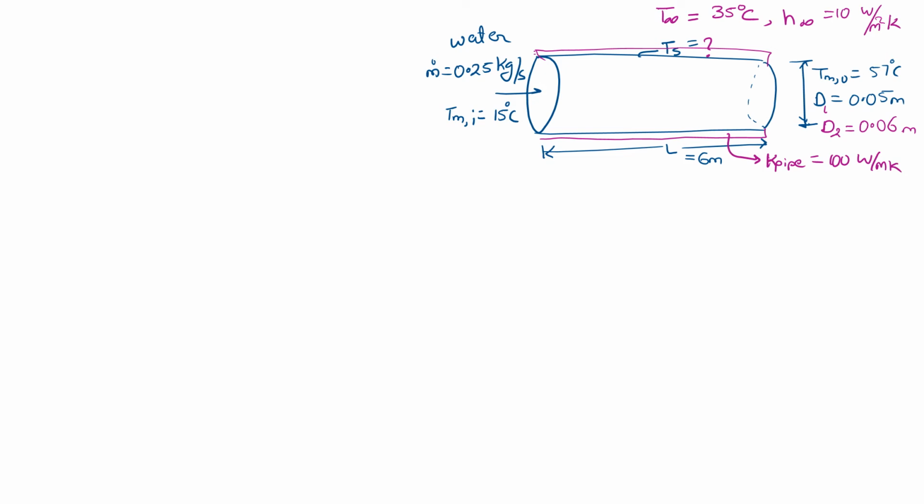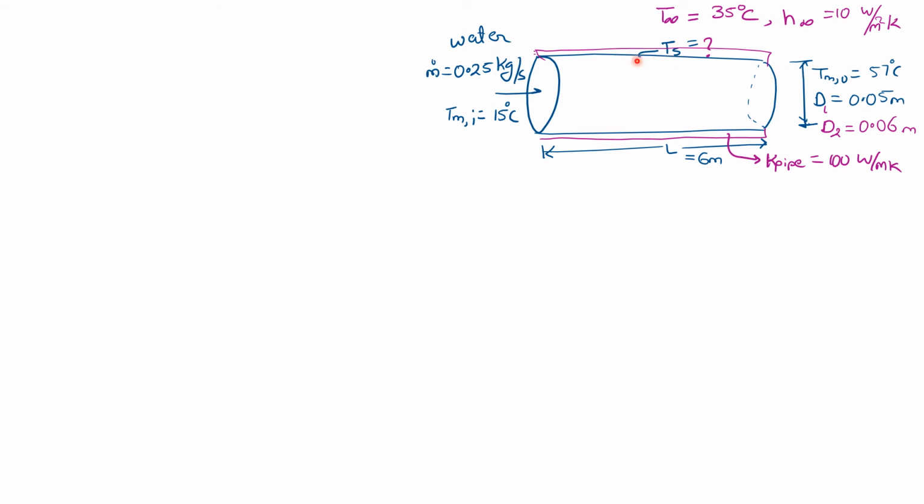So moving on, let's look at another variation of this problem. Let's say you have the same pipe, same flow through the pipe, and now the pipe has a particular thickness. So you have internal diameter as 0.05 meters, but now the external diameter is 0.06 meters. So the thickness of your pipe is 0.005 meters basically.